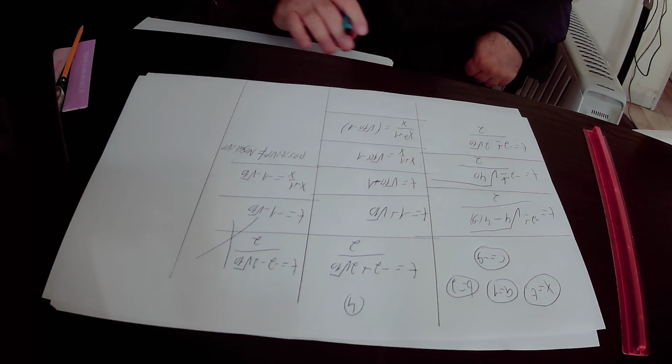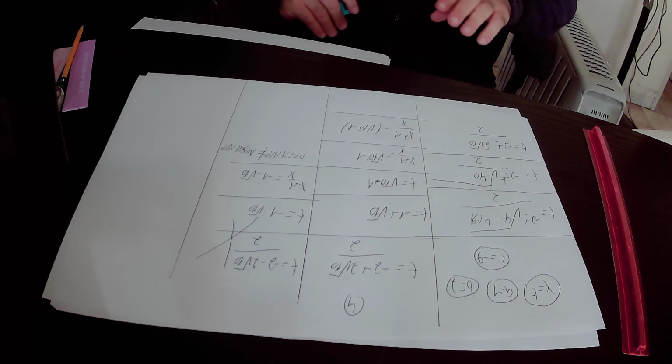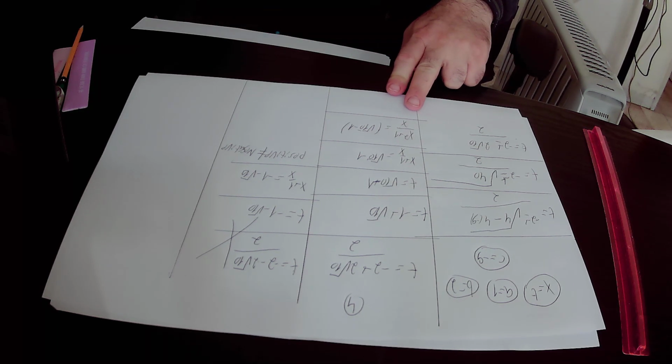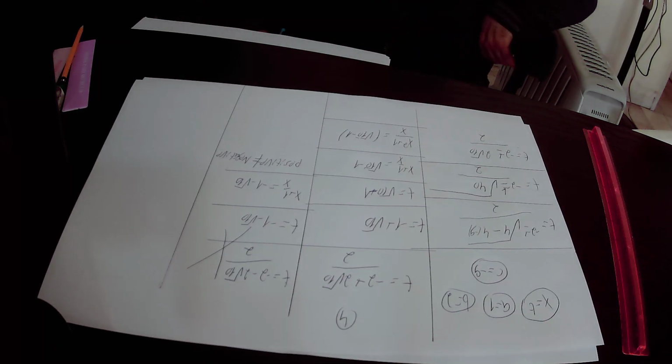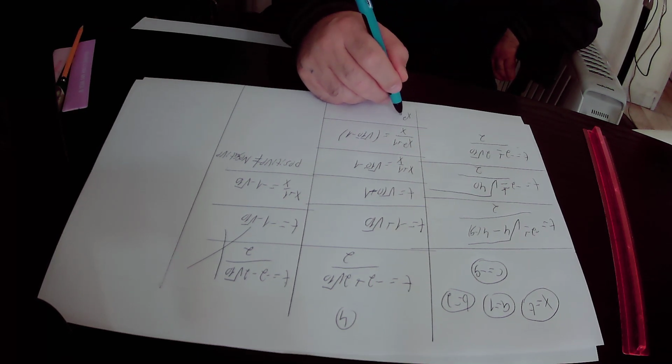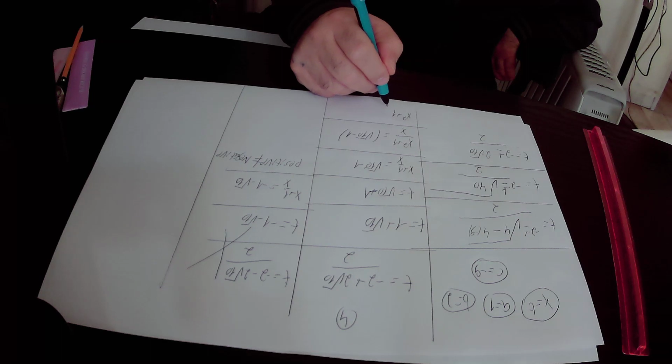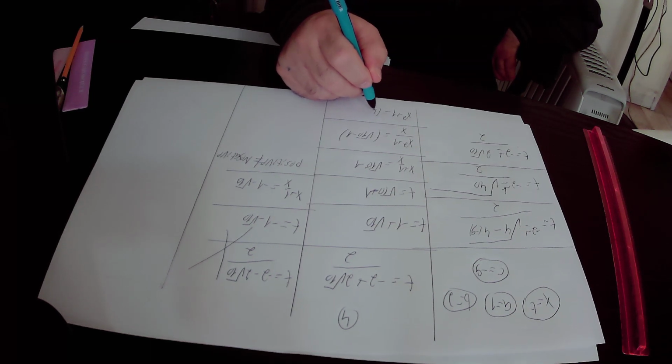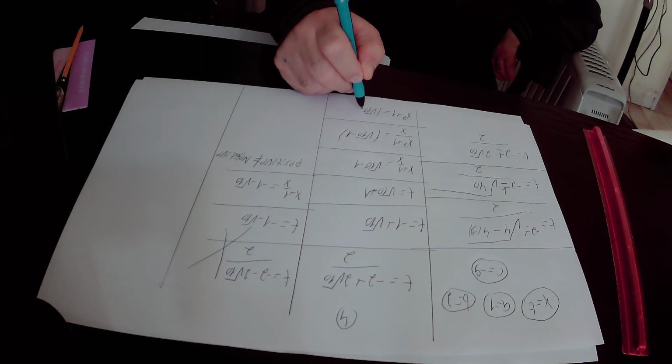Here we will multiply this equation by x, and we will get that x squared plus 1 equals the square root of 10 minus 1 times x.